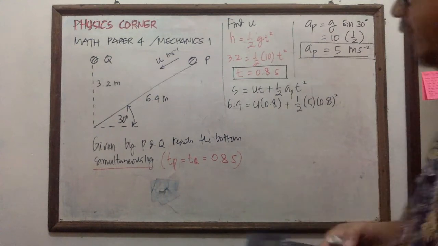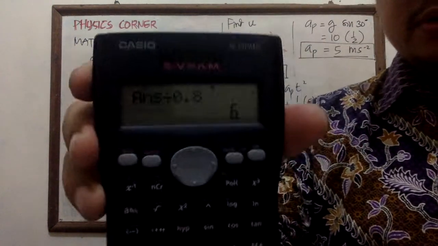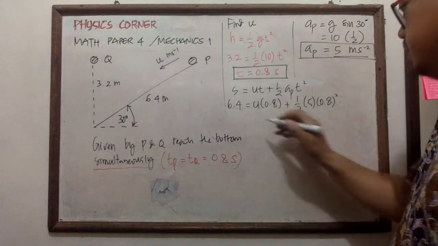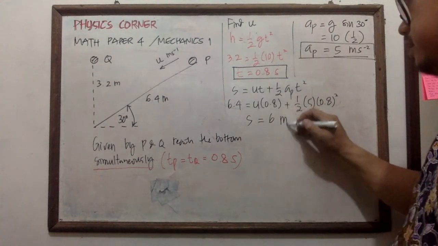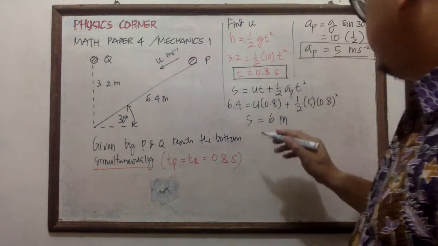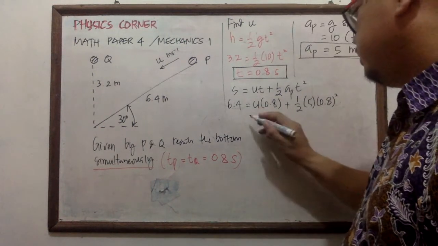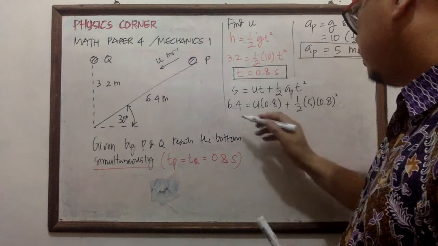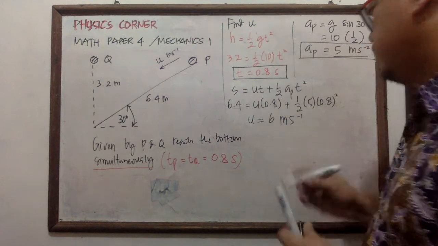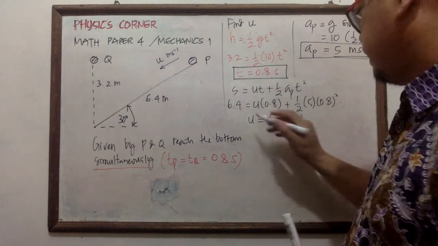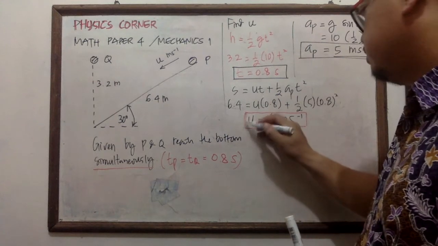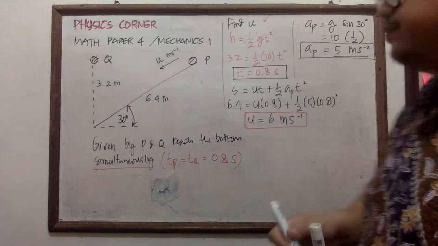Yes, we get 6. Sorry, u is 6, not s. So U equals 6 meters per second minus 1. Okay, finally we get the answer for the first question, how much U is.